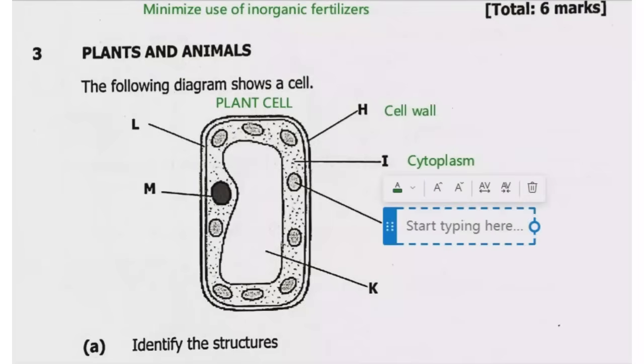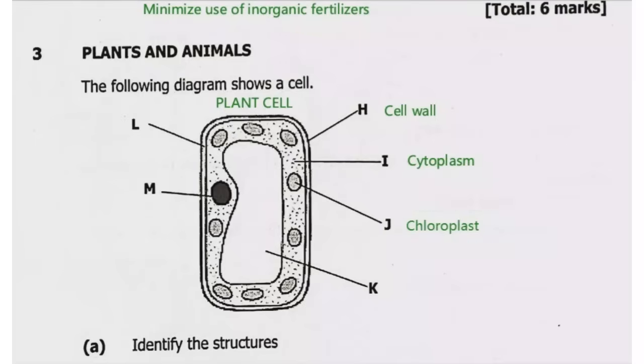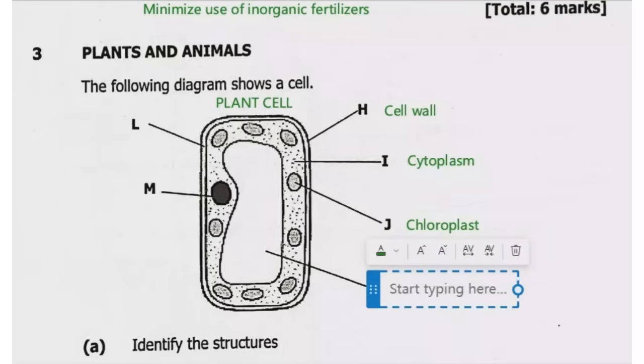J is chloroplast. As you can see, that is the chloroplast. Then what is K? K is vacuole.